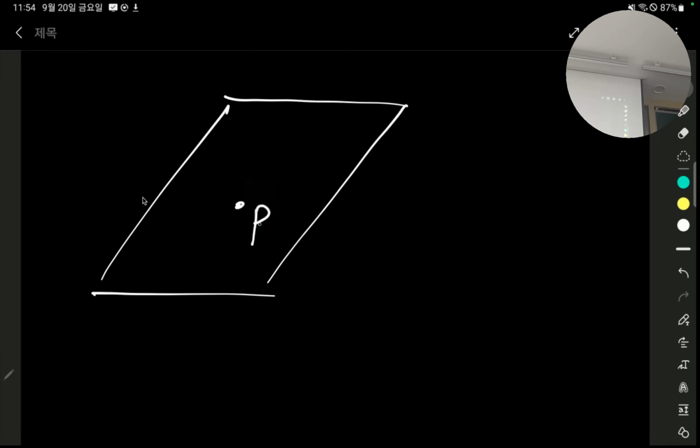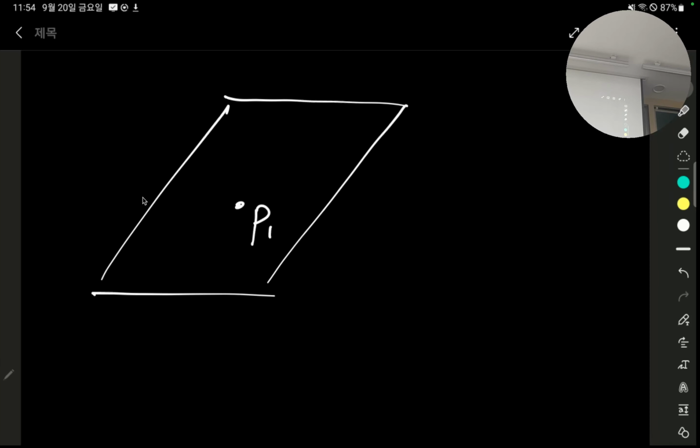I have a plane and I have a point that the plane passes through. I want to parameterize all the points in this plane. The way I can do that is if I know two vectors lying on the plane, which are parallel to the plane.